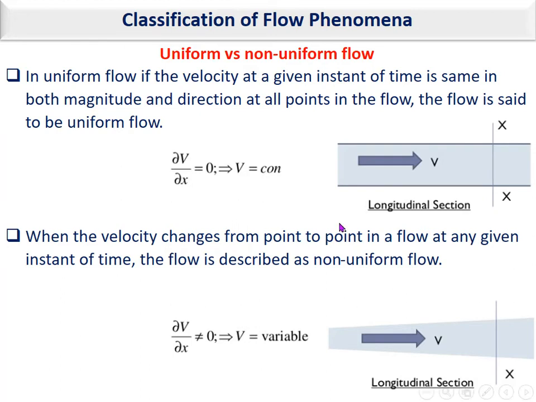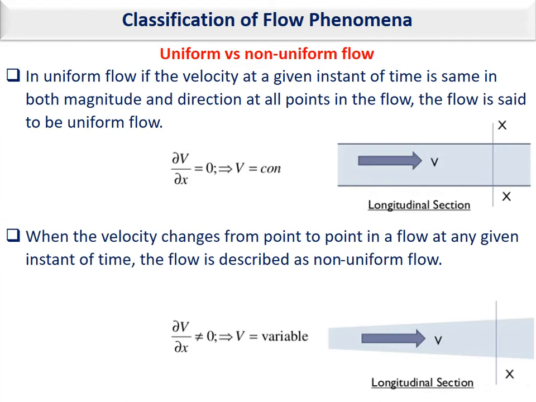For example, consider the flow in a constant diameter pipe where a liquid, it's important to say liquid, because if it's a gas, then there may be differences in velocity while the cross-section is the same. We will discuss it later, but for the time being, consider this is a liquid flowing in a constant diameter pipe. Then, if the flow is developed or fully developed, what is fully developed?